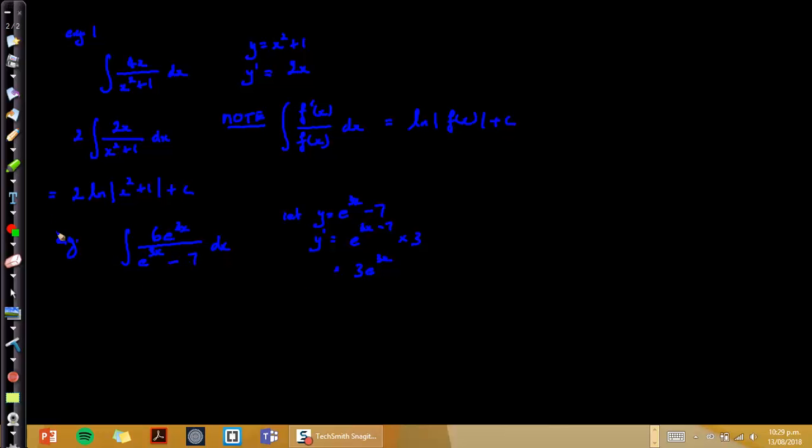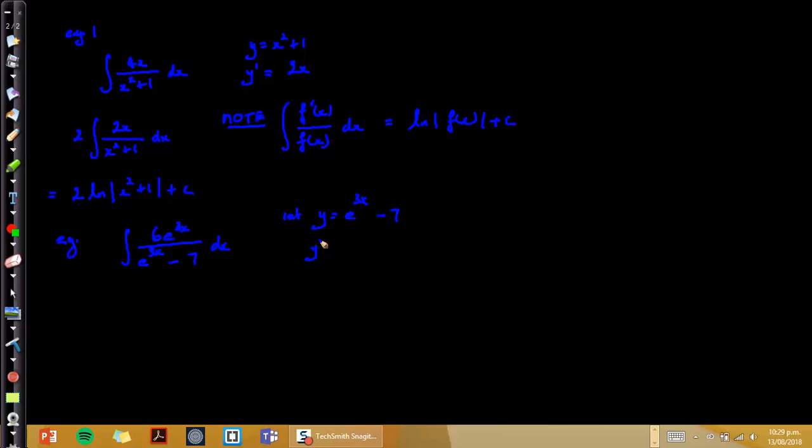Sorry, this part here was all wrong. Let me just try that again. y was equal to e to the power of 3x, and the minus 7 is not part of the power.